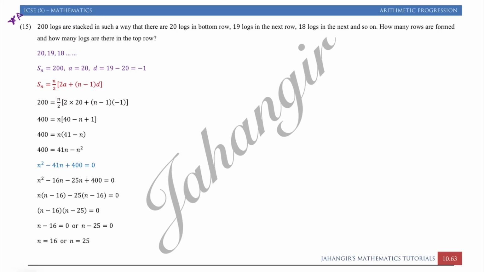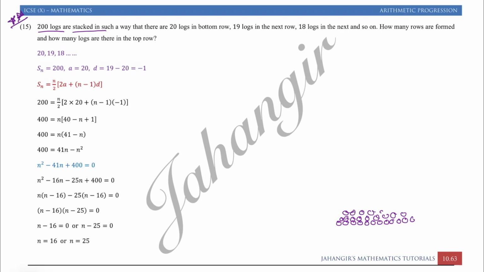The 15th question is very important, mark it as an important question. Let us read the question. 200 logs are stacked in such a way that there are 20 logs in the bottom. See, 20 logs in the bottom means like this. Then 19 logs above it, and it will become like a pyramid.